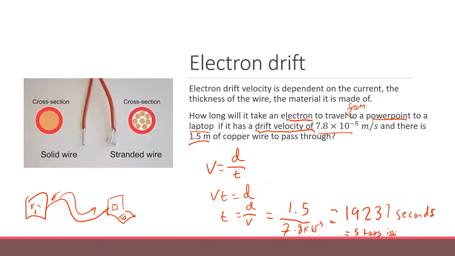Remember, there is a long line of electrons, and every single second a new electron is going into the computer. A new electron is getting pushed into that computer. That charge is still moving into that computer. That charge is a lot faster than an individual electron.